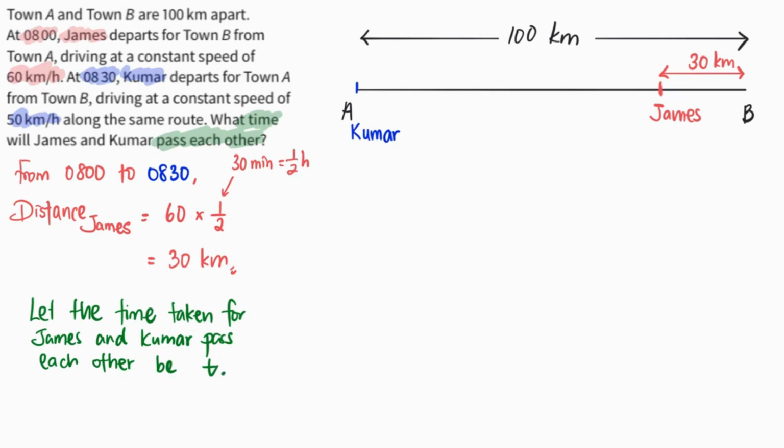Okay, and so this is going to be important because from here on I would be able to find the distance by Kumar, which is equals to speed times time. So the speed by Kumar is 50 and the time taken is our letter T hours, and therefore this one will be equals to 50T.